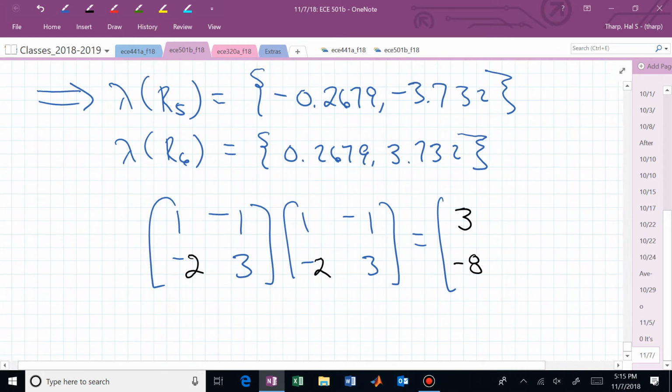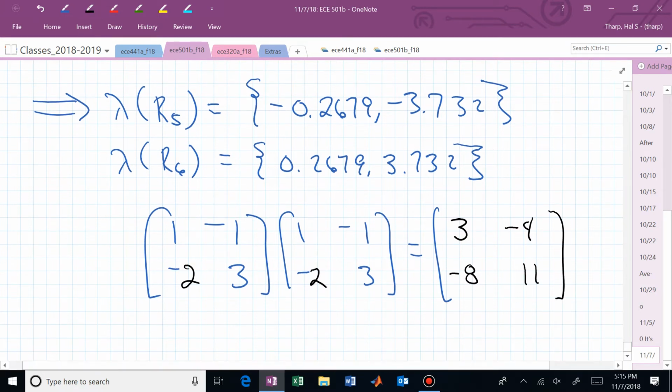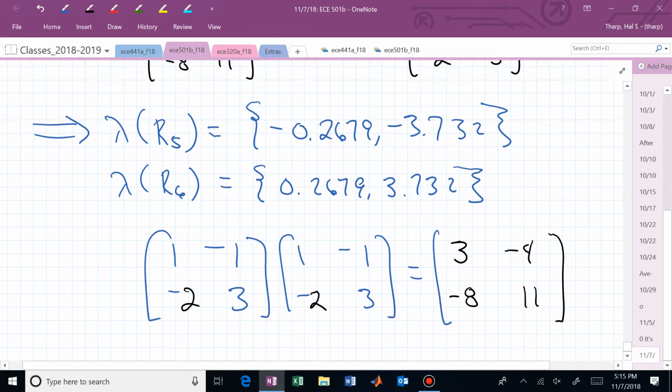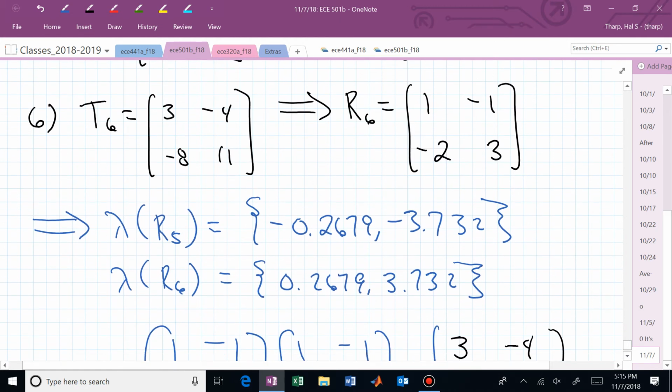And what's in the second column? We have a minus 1 minus 3 and a 2 plus 9, or 11. Is that right? Okay. Is that better? I knew that I would have some kind of typo. Or, yeah, I can't even read my own writing. That was supposed to be a minus 2 in the 2-1 entry.